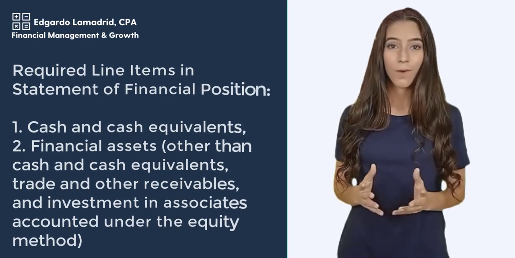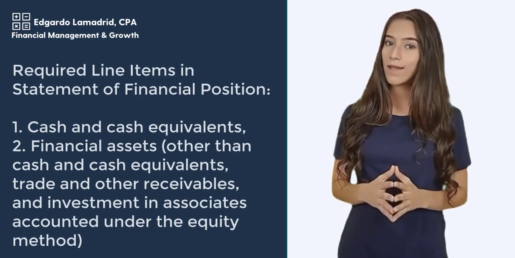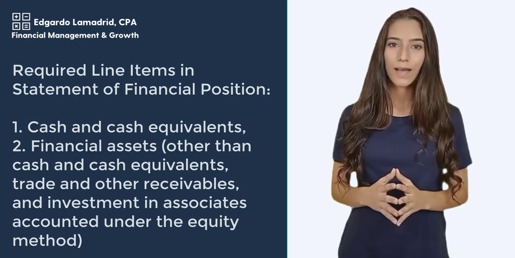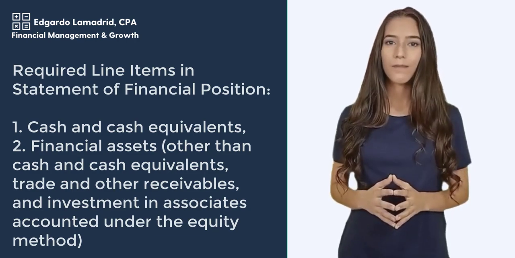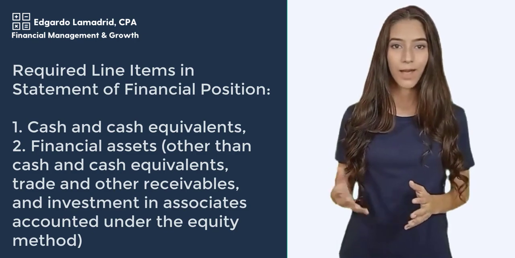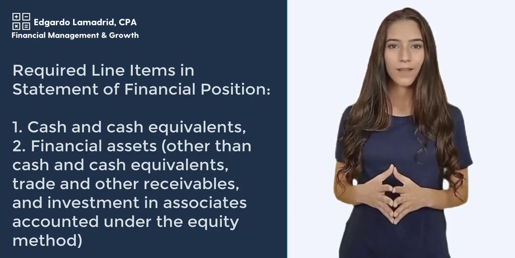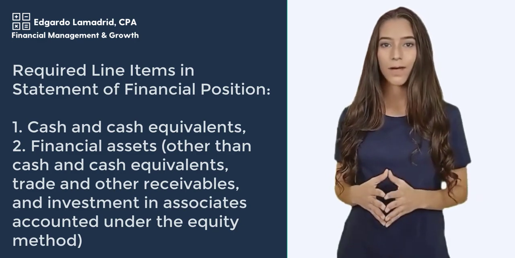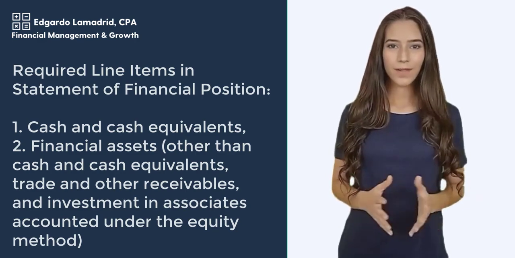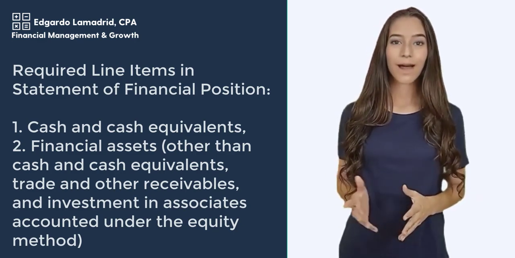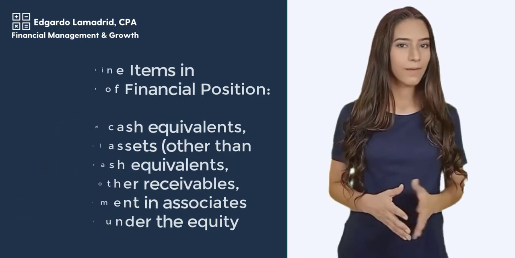Here then are the required line items in the statement of financial position in line with IAS 1 paragraph 54. First is cash and cash equivalents. Second is financial assets other than cash and cash equivalents, trade and other receivables, and investment in associates accounted under the equity method.